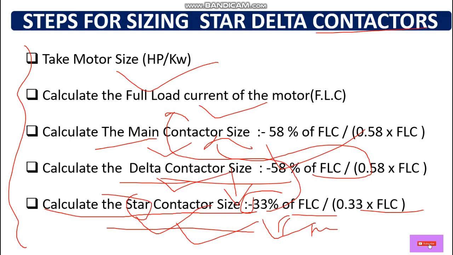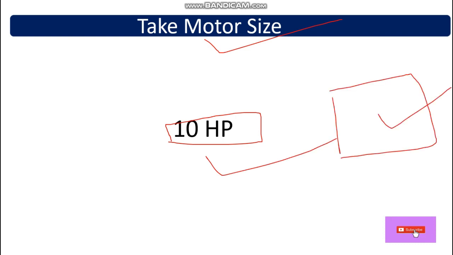In the first step, we have to take the motor size. Here we have a 10 HP motor inside this kitchen exhaust fan. Now let's calculate the full load current. Here we have a power of 10 HP.